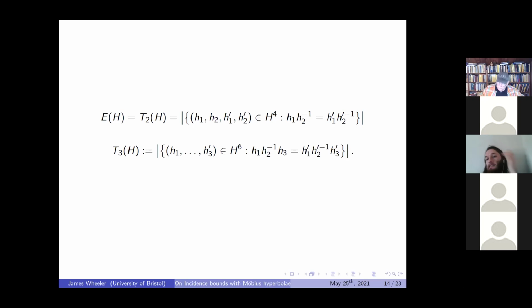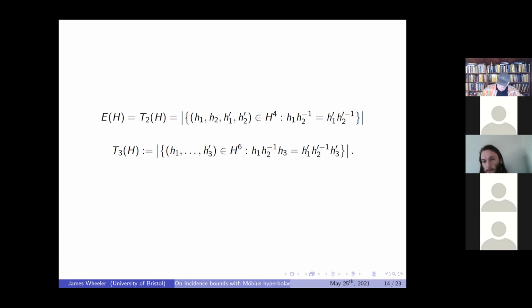For the higher energies, instead of having 2 on each side, we can go to 3, and we keep oscillating between H1, H2 inverse, H3, H4 inverse, and so on, if we were to define T4, T5, as high as we want. The use of the inverses is just to deal with the fact that we're in a non-commutative setting, which can sometimes cause some issues.